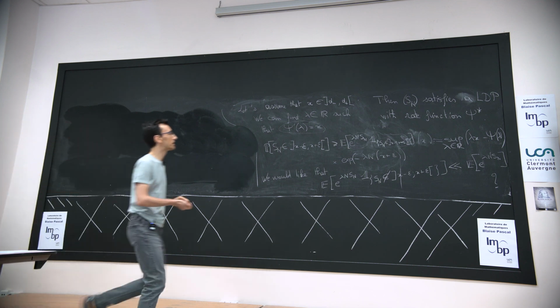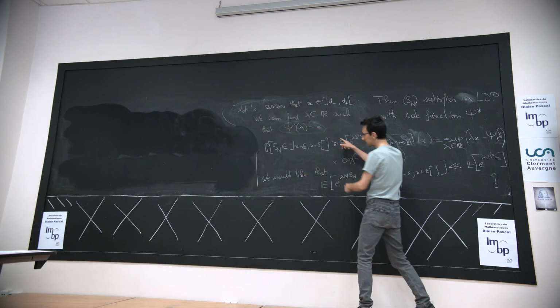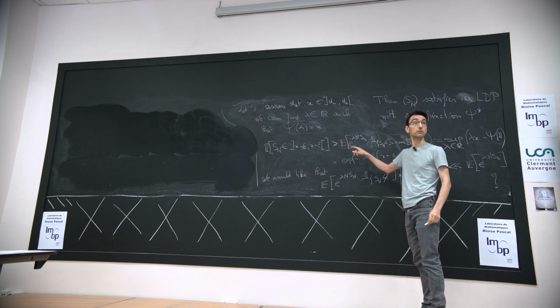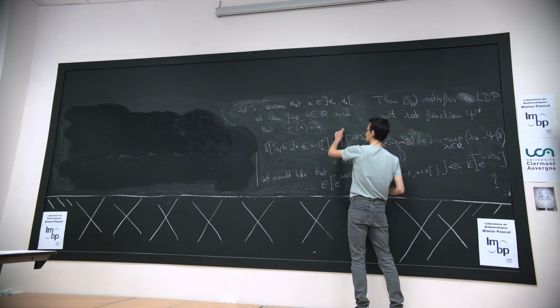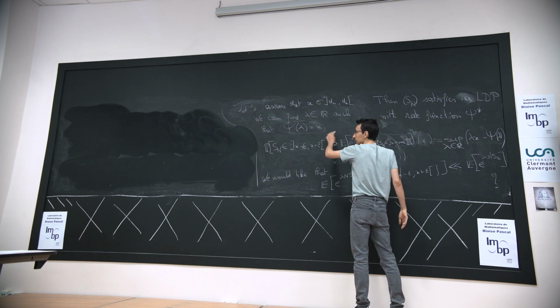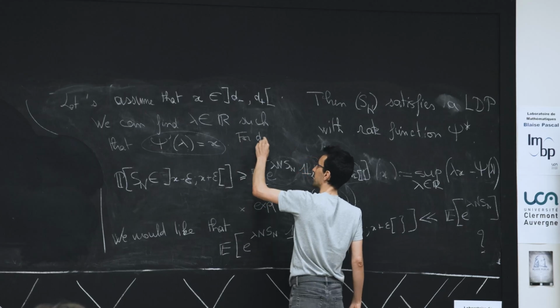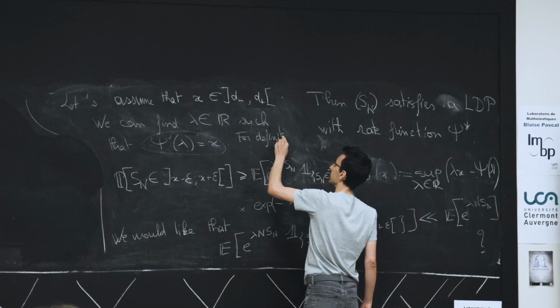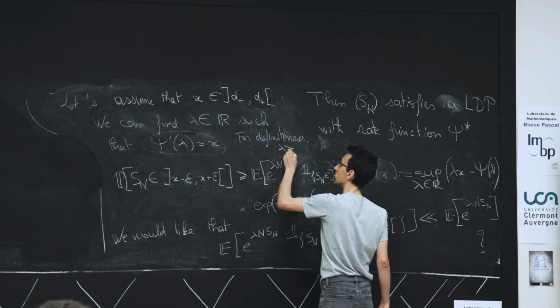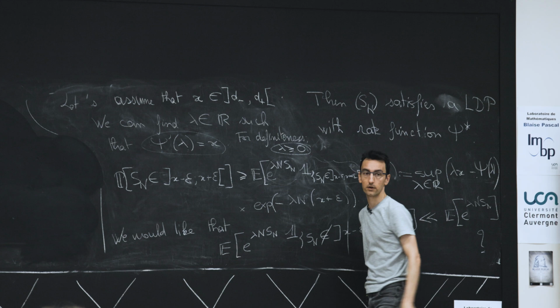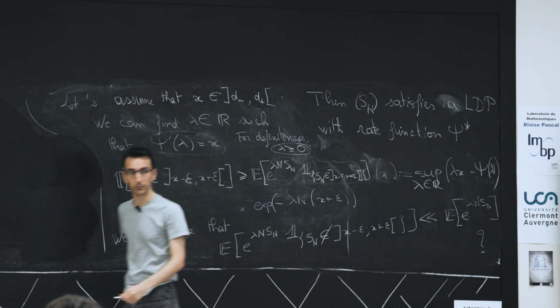Maybe let me say that implicitly here, I'm using that lambda is positive. Otherwise you just have to do the inequalities differently, but for definiteness, let's say that lambda is positive. Otherwise, I just have to revert the inequalities.